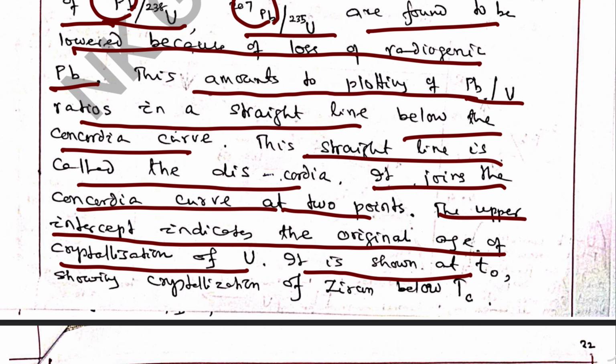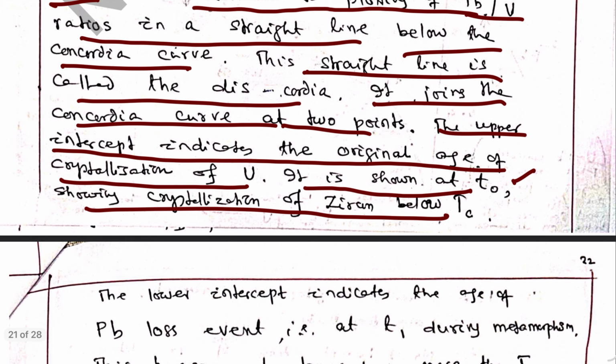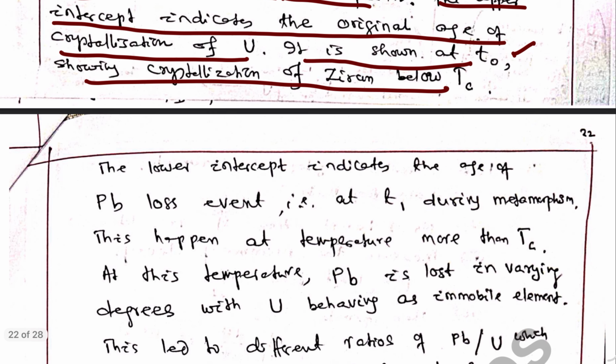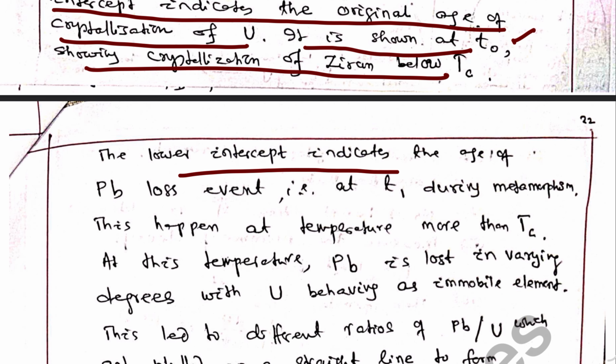It is shown as T0, original age, showing crystallization of zircon below Tc, the closure temperature, and the lower intercept indicates the age of the Pb loss event, or when the metamorphism took place, that is at T1 during metamorphism.